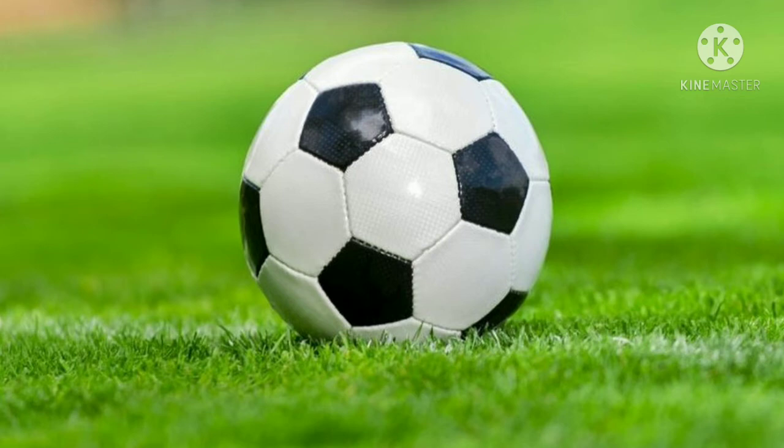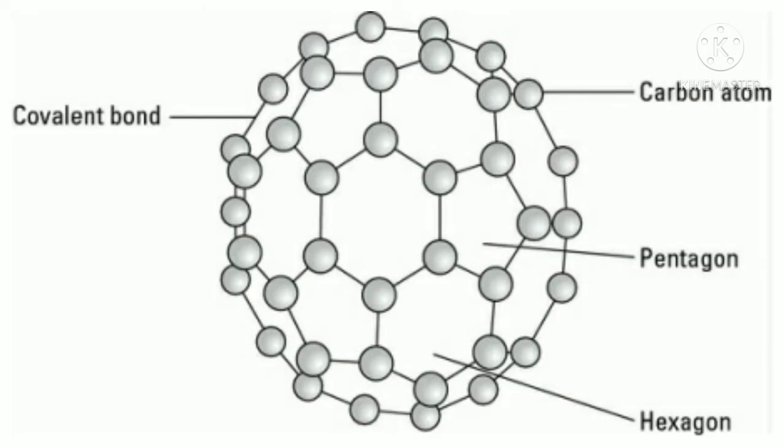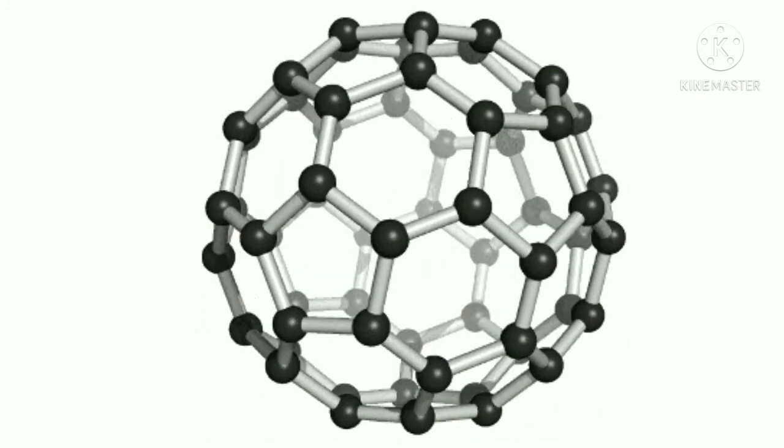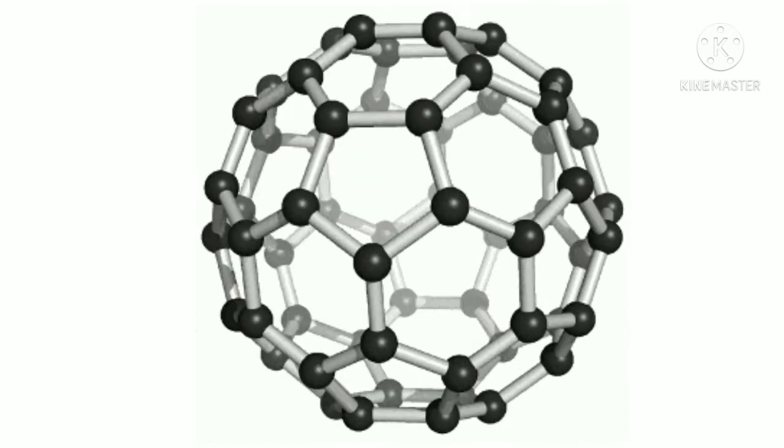Buckminster fullerene is a football-shaped spherical molecule in which 60 carbon atoms are arranged in interlocking hexagonal and pentagonal rings of carbon atoms. There are total 20 hexagons and 12 pentagons of carbon atoms in one molecule of Buckminster fullerene.